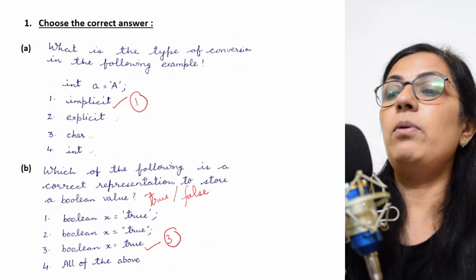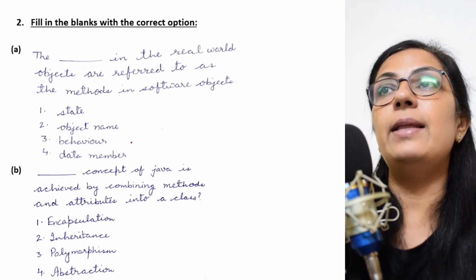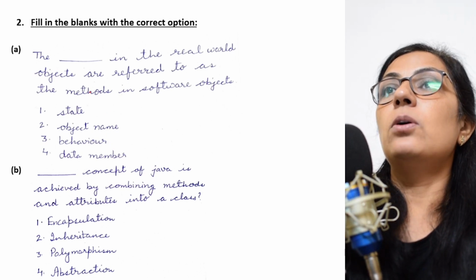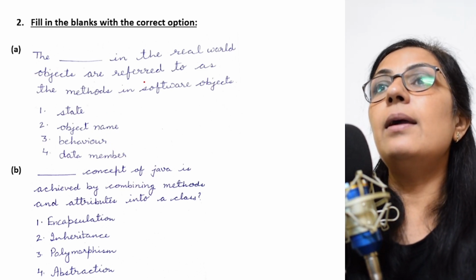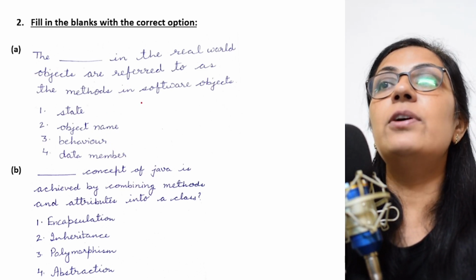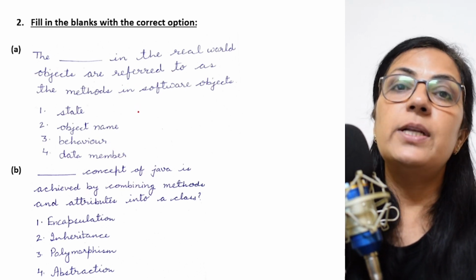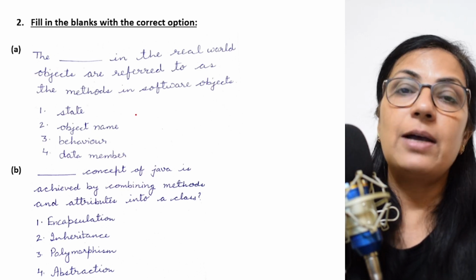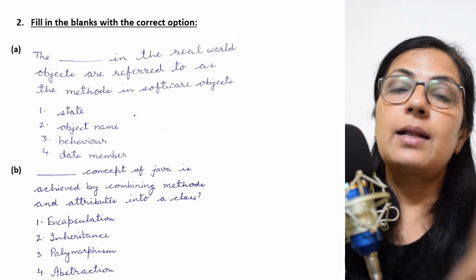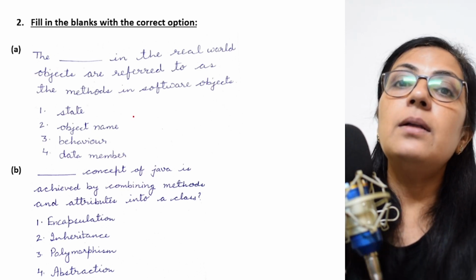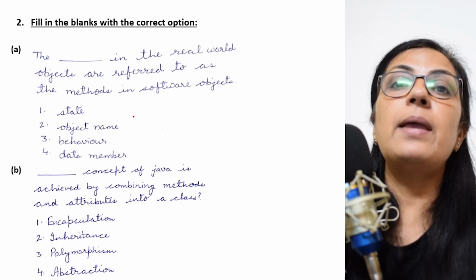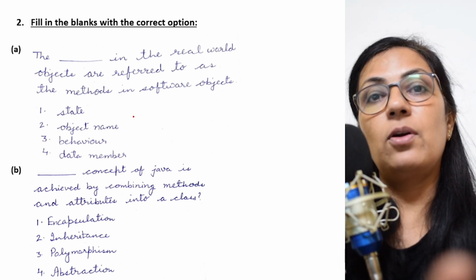Okay, now we move on to the next question, that is fill in the blanks. So the dash in the real world objects are referred to as the methods in software objects. Children, when you have started doing Java language, we did in classes and objects chapter, objects are of two types, real world objects and software objects.